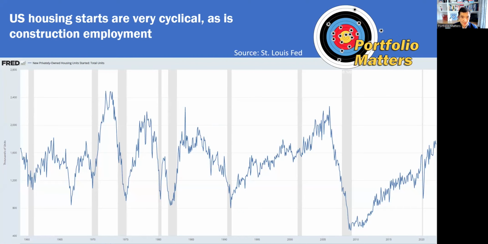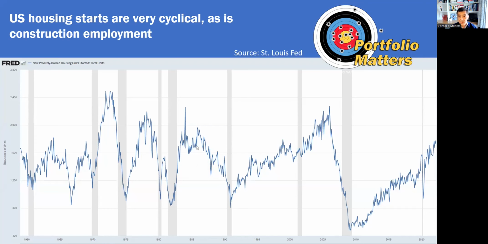Well, if we look at housing starts, they're very cyclical. And this comes back to the point that the housing cycle is a volume cycle, not a price cycle. And so we saw that during recessions, prices were downwardly inflexible, but the number of housing starts collapsed.